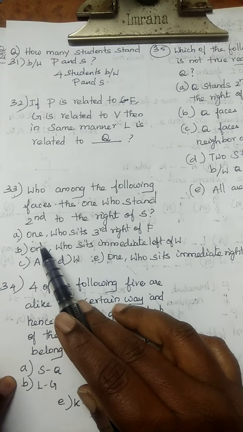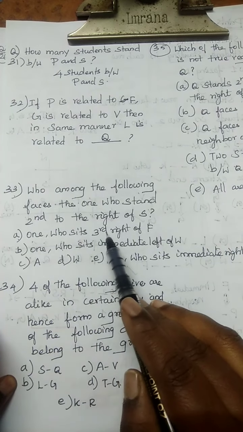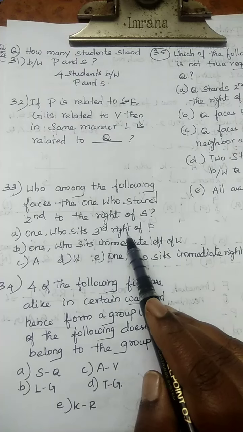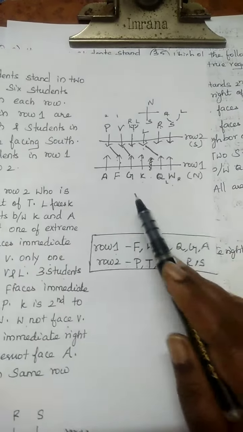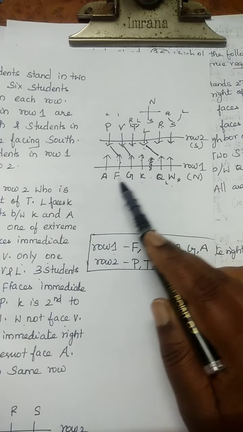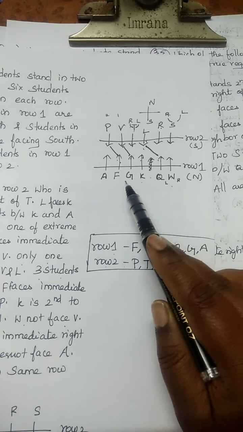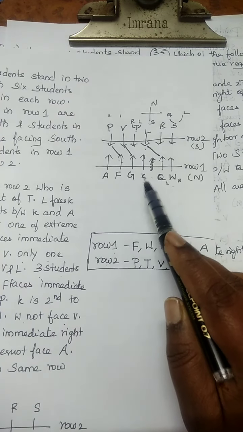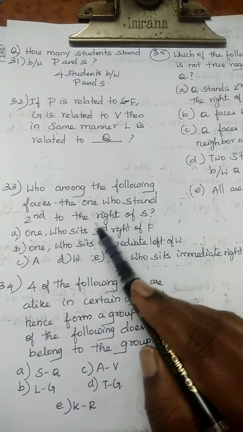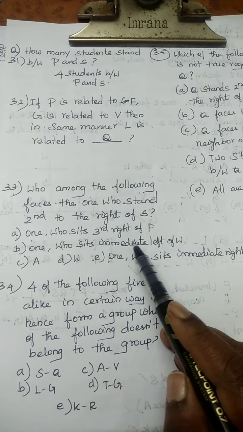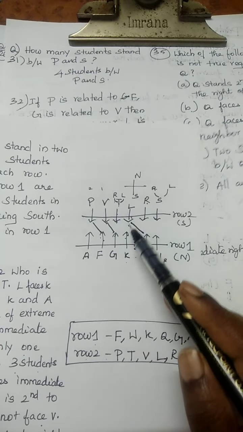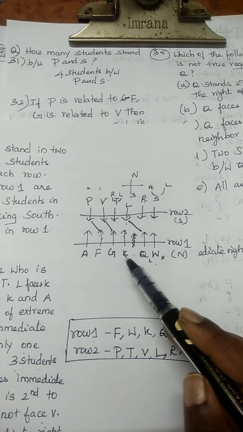The options are given here. One who sits third to the right of F. Whether L faces third to the right of F? No. 1, 2. It's second to the right of F. So this is not the answer. One who sits immediate left of W. L faces immediate left of W?